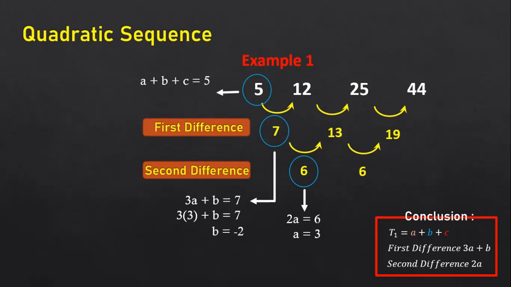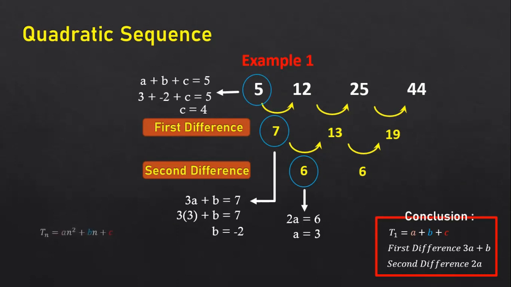We can substitute B equals minus 2 and A equals 3 into this equation. So we got 3 plus minus 2 plus C equals 5. And finally, we got C equals 4. Very simple, right?